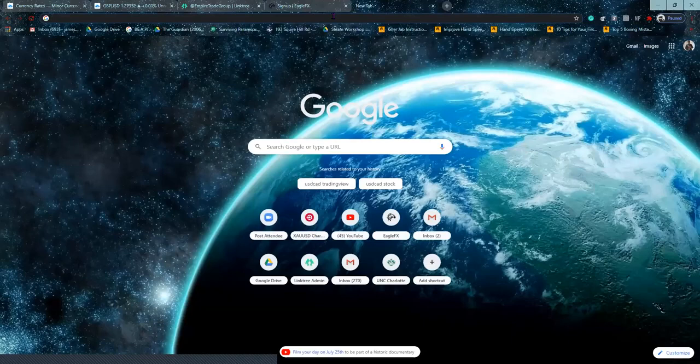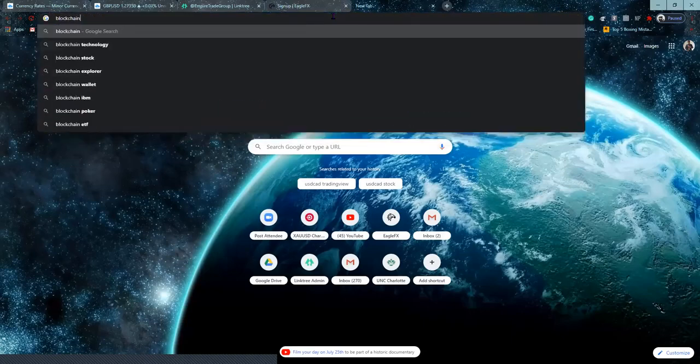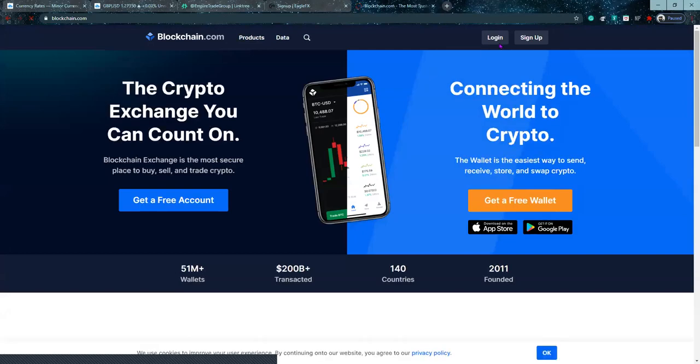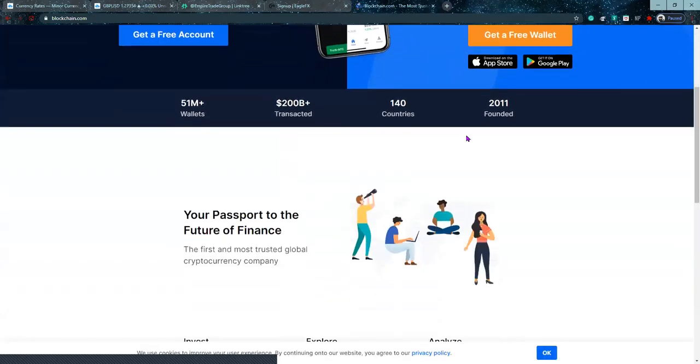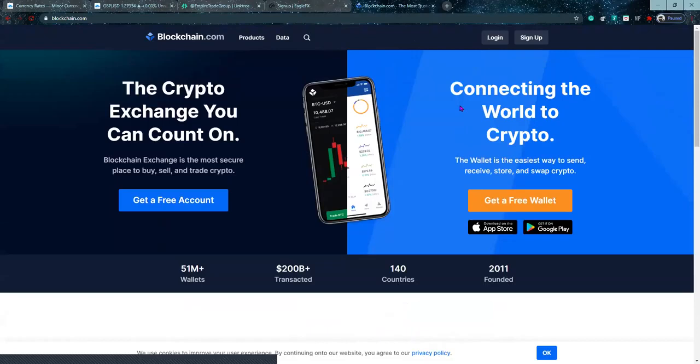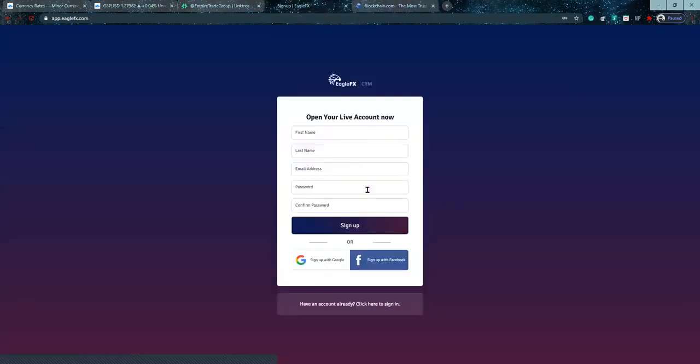Now, one thing that you can do is go to blockchain, and you can also use this website. You can just log in, buy Bitcoin, and then it'll give you a Bitcoin wallet right here. Get the free wallet, right? And with that wallet, all you need to do is transfer the funds from your wallet to your Eagle FX.